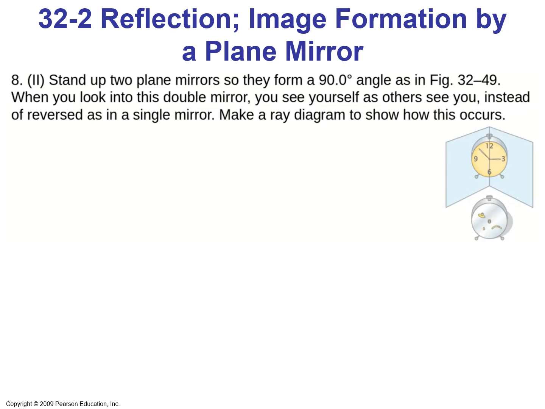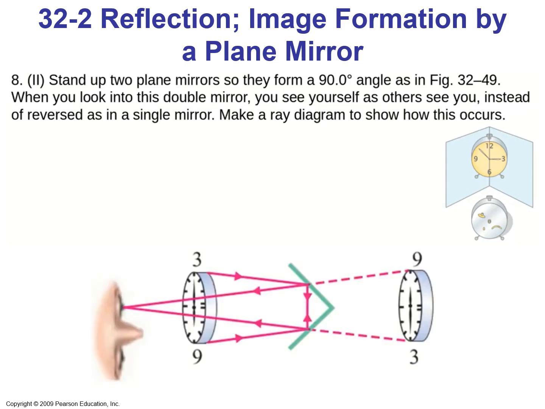To answer this problem, look at the figure and imagine that we are looking at the top view of this clock being seen in the mirror. This situation is depicted in this diagram for the rays. Number 3, for example, is reflected off these two mirrors and goes to the eye, but it's actually a virtual image formed down here.